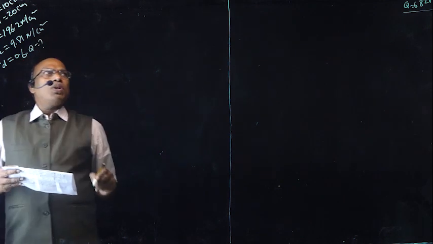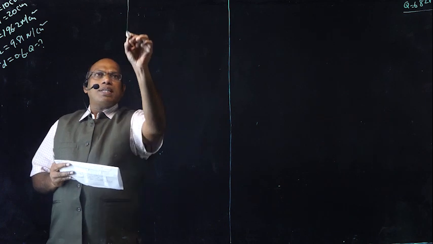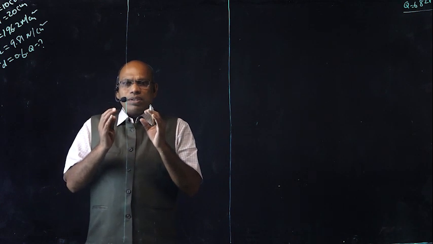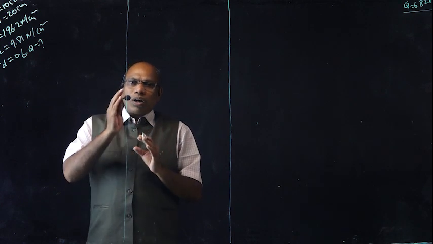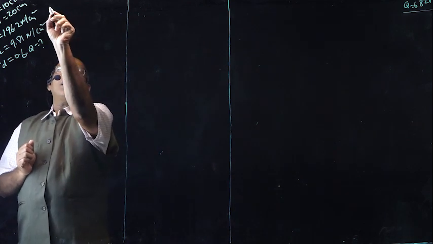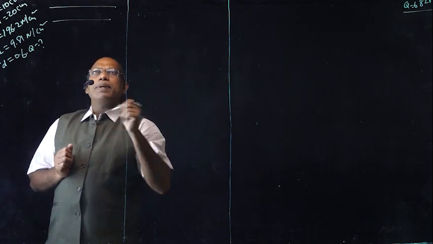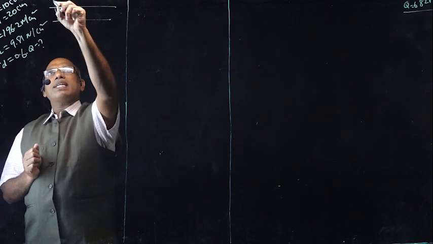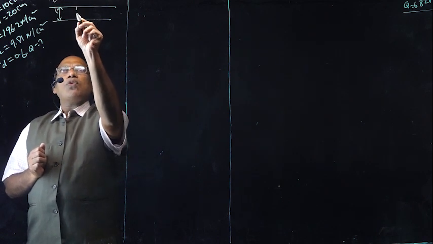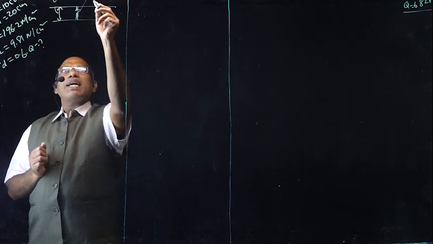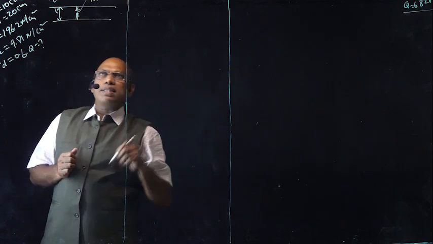Q is equal to what? In this problem, the orifice diameter and pipe diameter are given. This is a horizontal pipe. The diameter of the pipe is 20 centimeters. An orifice is provided like this, and the orifice diameter is 10 centimeters.